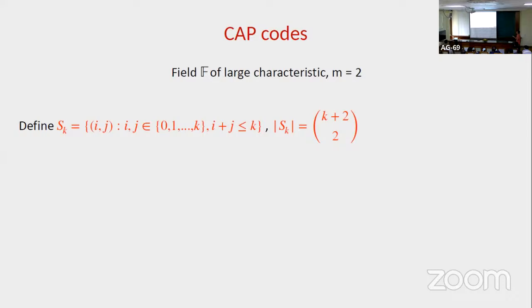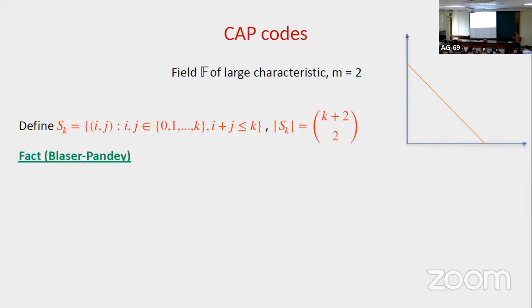The size of the set S_k is clearly k plus 2 choose 2. What does this set look like? A triangle. Yeah. This picture took me a long time to draw, but it is a triangle. It's a simplex in 2 dimensions.